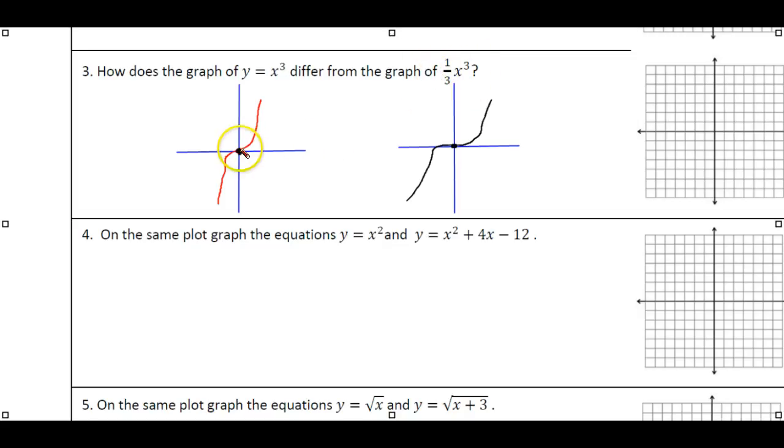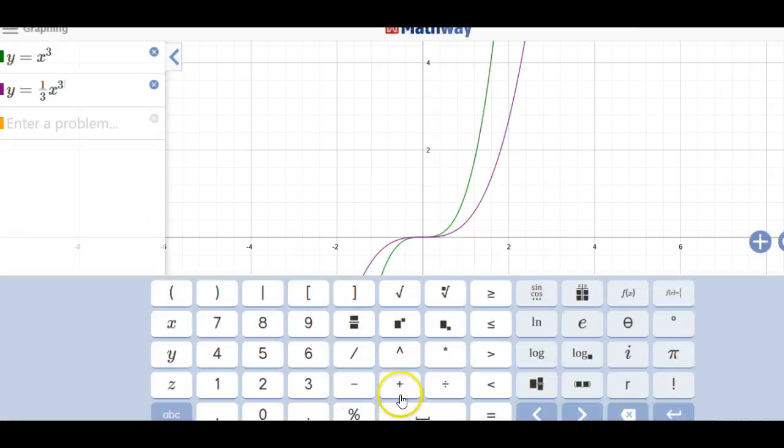Well, can you see it's going to shift a little bit more outward here. And if we look at this official version here, we see the green line is the standard y equals x to the 3rd, while this purplish line is 1/3 x to the 3rd.